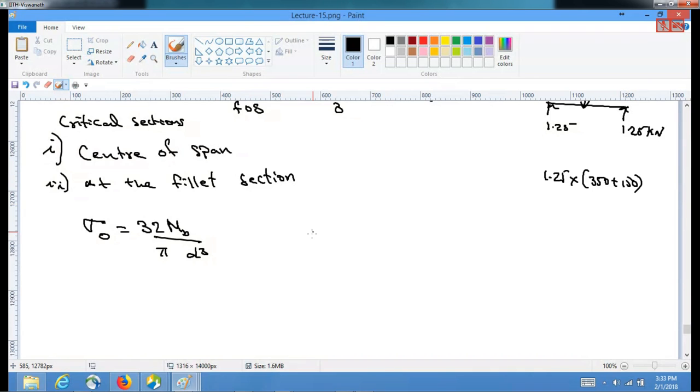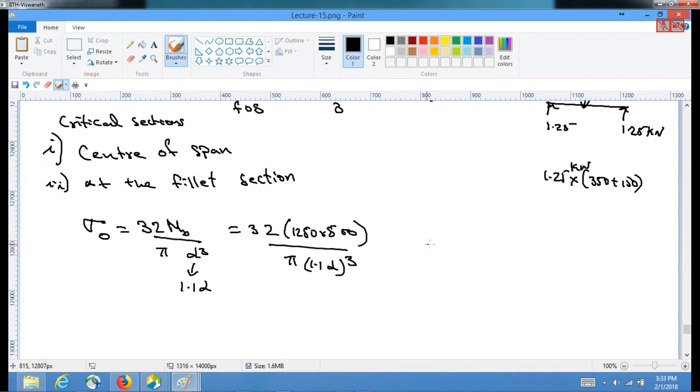So that would be 32 into 1250, in Newtons, into 500, divided by pi into 1.1 d whole cube, since the effective cross section at the center span is 1.1 d.